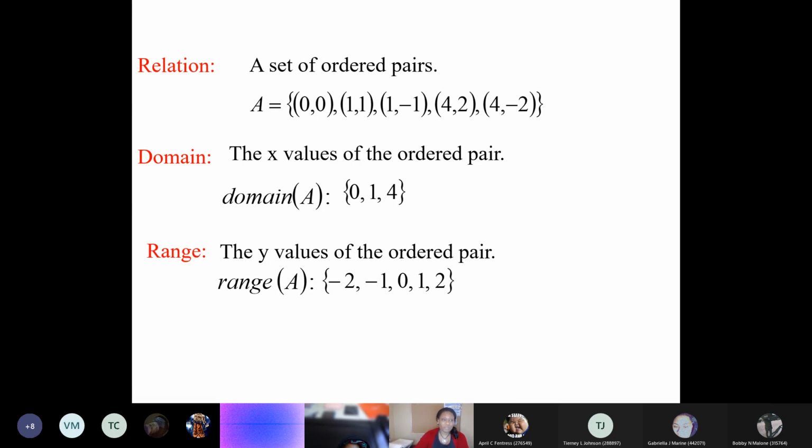Bobby, what is the definition of a function? Bobby? Oh, a function? Ain't it a relation or expression? What do your notes say?